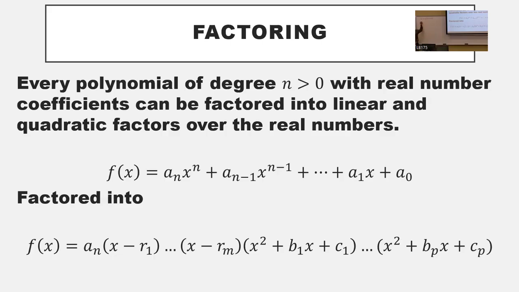So you'll get x squared minus 2ax plus a squared plus b squared.